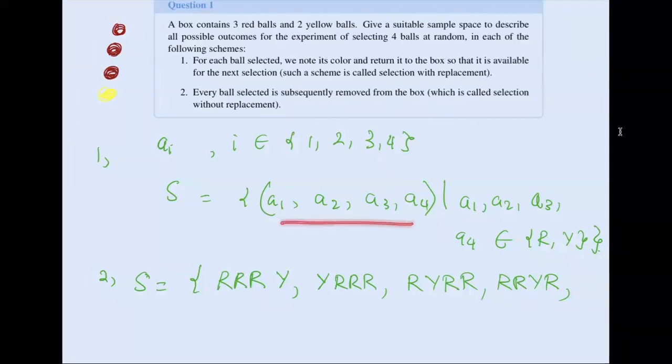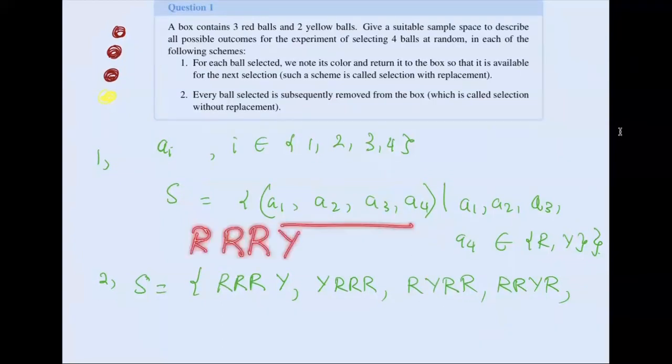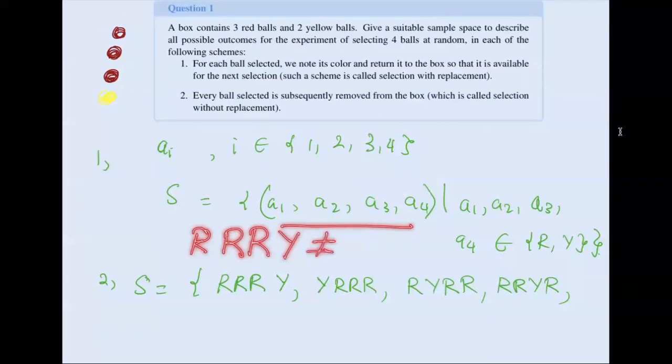With this notation, it means that the first one I pick red, the second one I pick red, the third one I pick red, and the fourth one I pick yellow. This is different from the outcome where the first one I pick yellow and the second, third, and fourth I pick red. They are different outcomes with this notation.